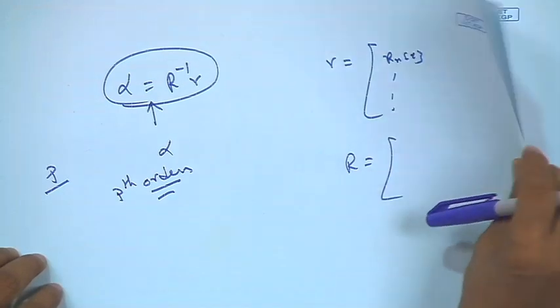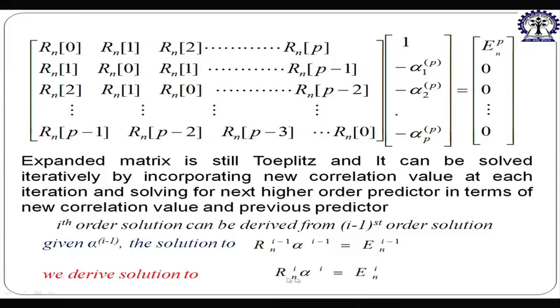So, in Levinson recursion we can predict the current ith order matrix equation solution from the previous order solution. So, what is the (i minus 1) order solution?